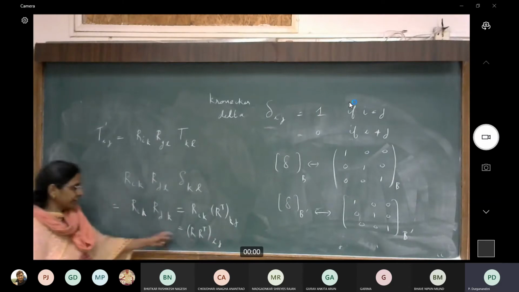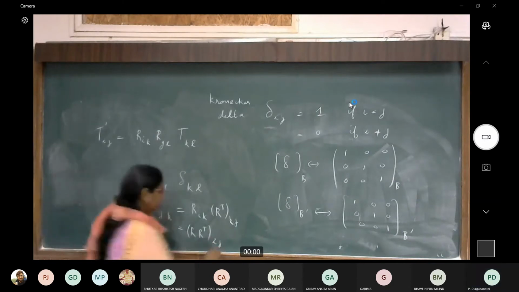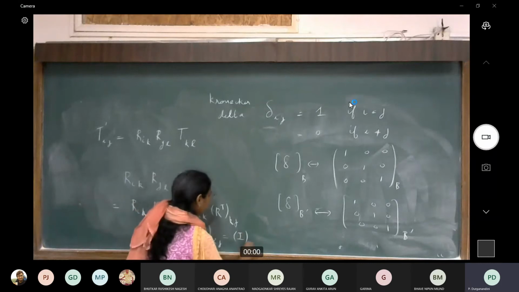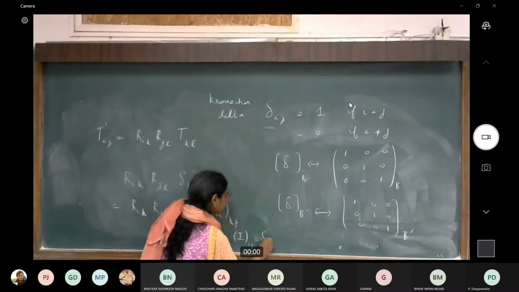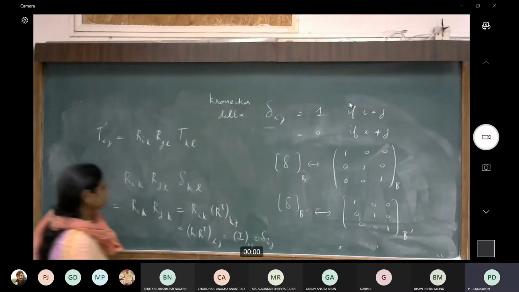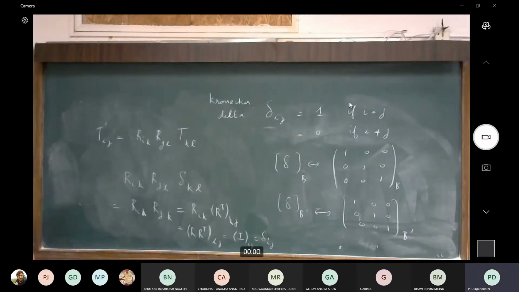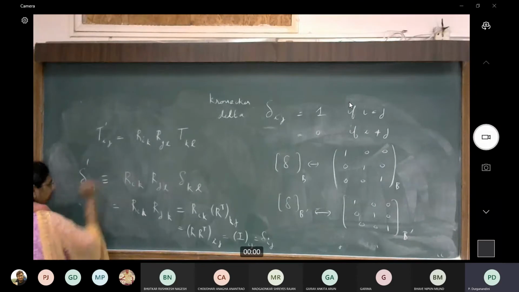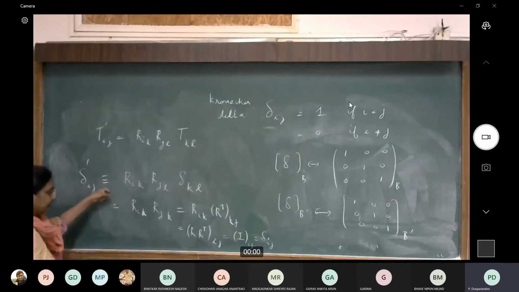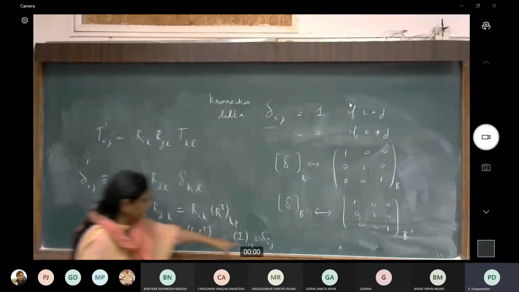But what is R R transpose? This is nothing but the identity matrix, and the ij-th element of the identity matrix is nothing but delta ij. So what we find therefore is that if I define delta prime ij as equal to this, then this delta prime ij is the same as delta ij.